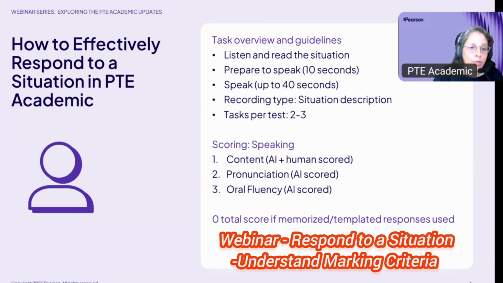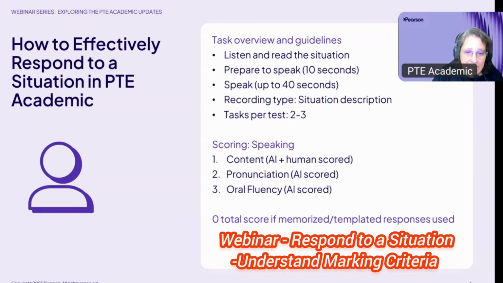In terms of scoring, the scoring is done on three areas, I'll refer to these as traits for the purpose of this session. The first trait is content, and we will understand each of these traits in detail. The second trait is pronunciation, and the last one is oral fluency.